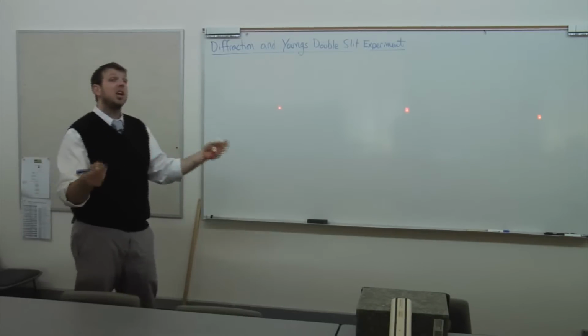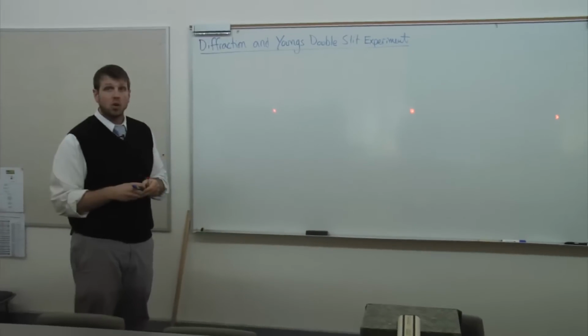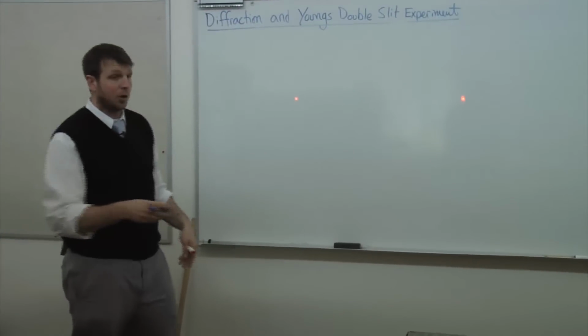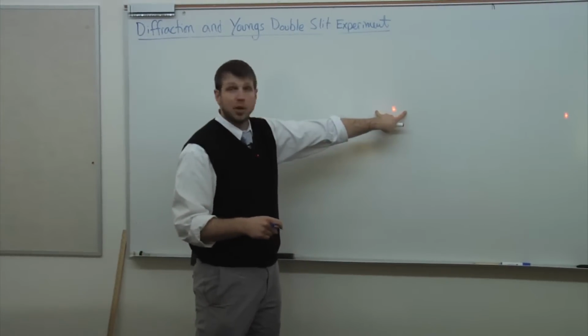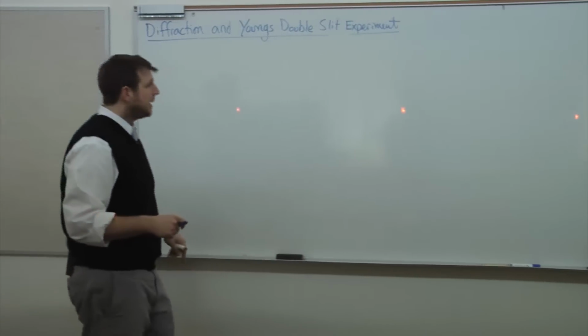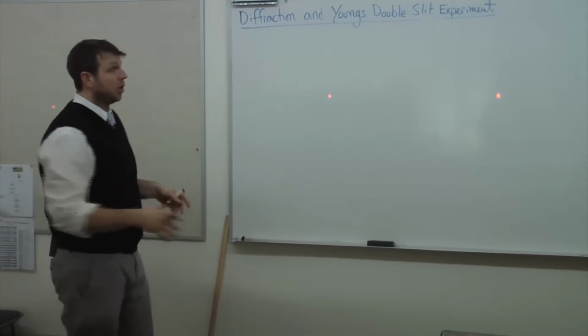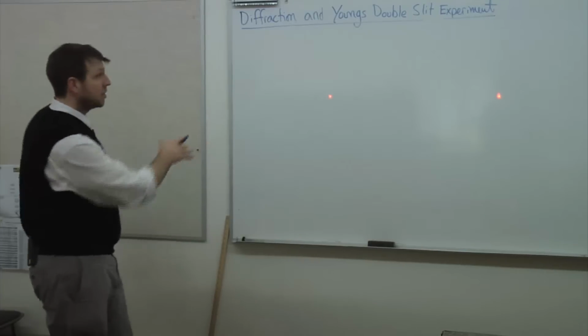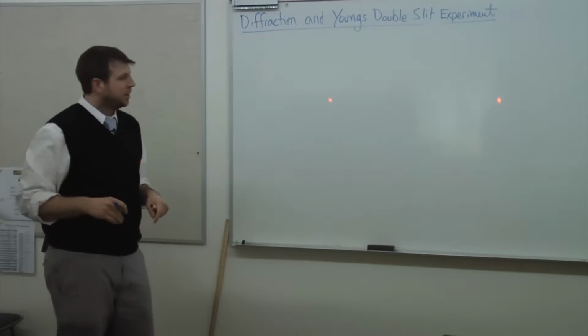Now you would think that if this were a particle, it would have just hit the wall. If I was putting it through slits, it would just hit the wall and pool in 2 places or 3 places. In this case, we're getting 5 places that we know of. 2 on that side, 2 on this side, and 1 in the middle. Well, let's think about what's really going on.